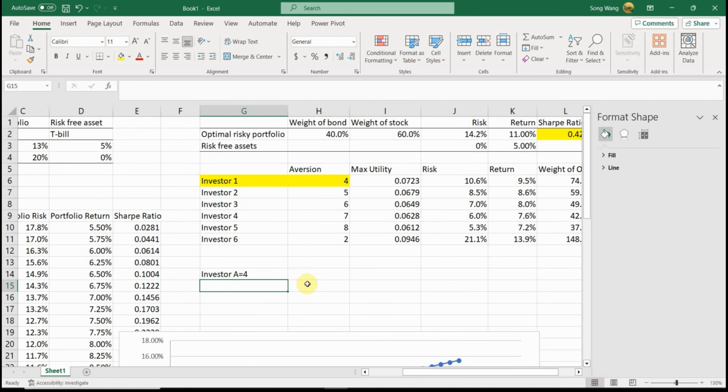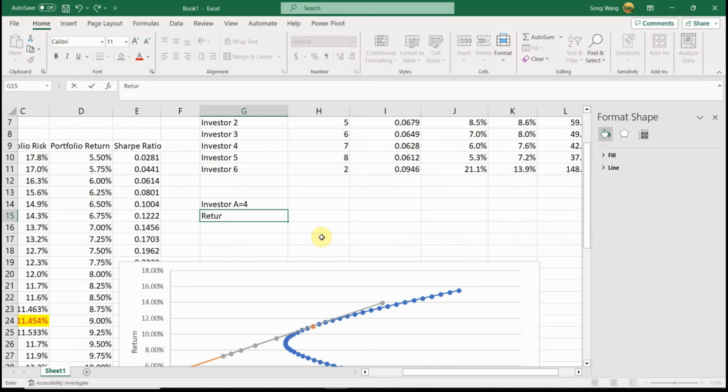For this investor, I want you to get the return and risk and utility, and the weight in the optimal risky portfolio. Optimal means the Sharpe ratio is maximized.